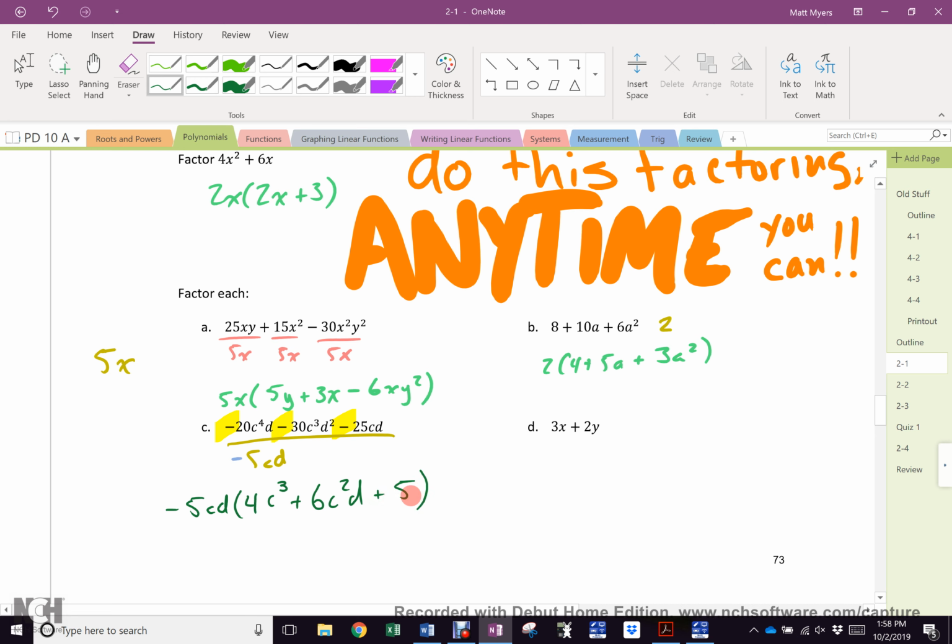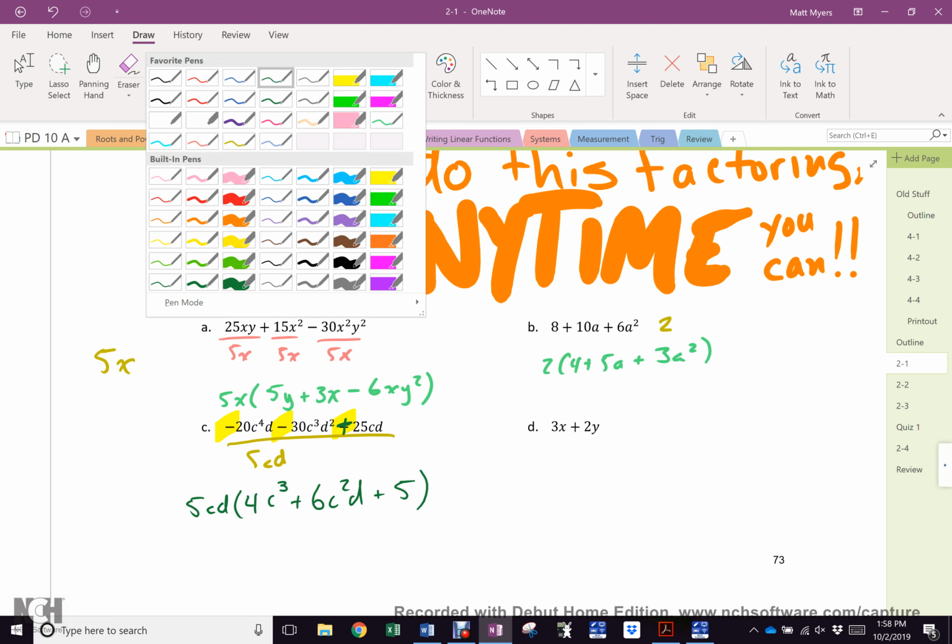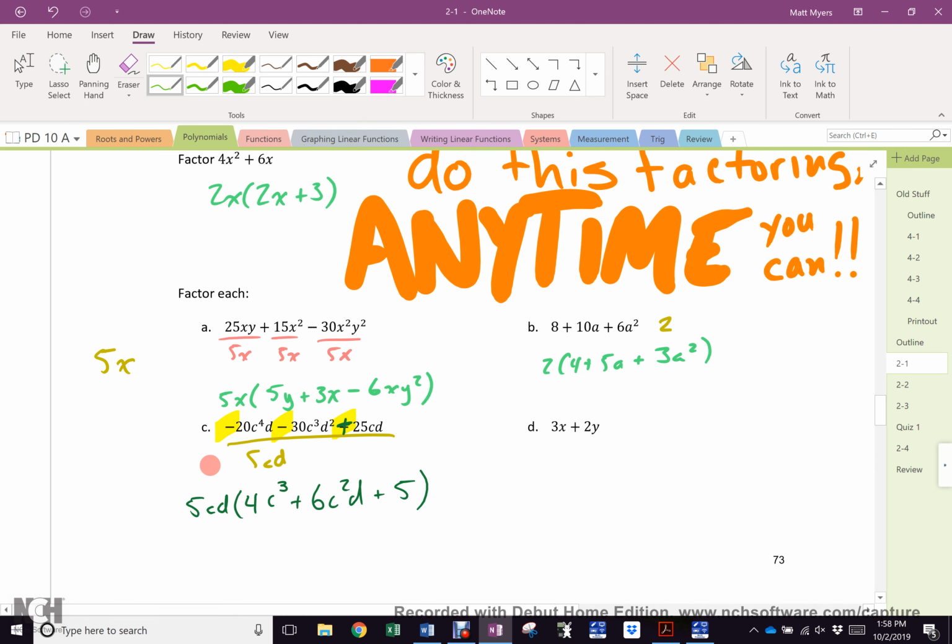Now, again, there is something else weird that happens here. If this is positive, and you take out a positive 5, because you're like, oh, they're not all negative, I'm going to take out a positive 5, then you would be left with, and this time I'll use yet a different shade of green, I'm running out of shades of green, negative 4C cubed, negative 6C squared D, and positive 5, right?